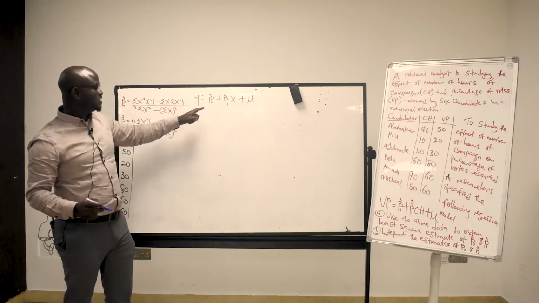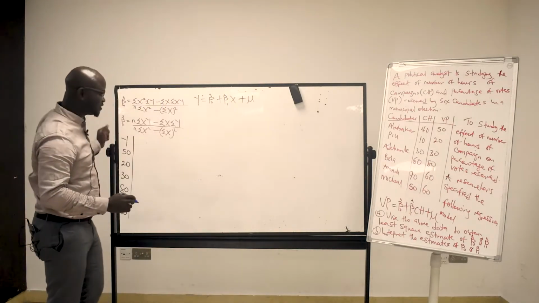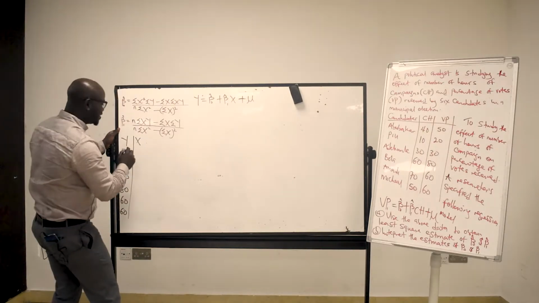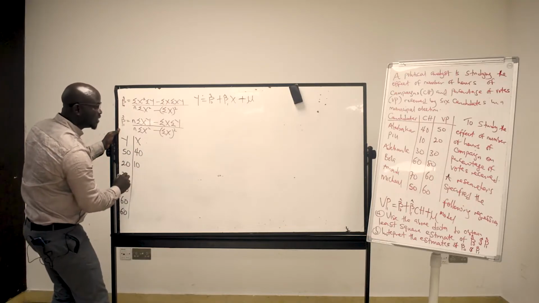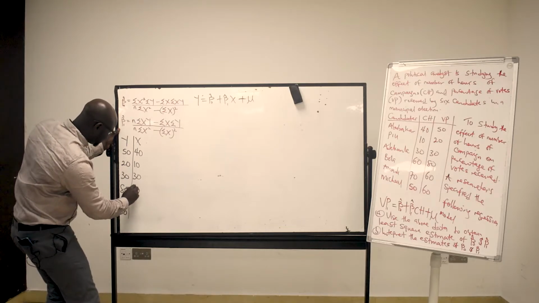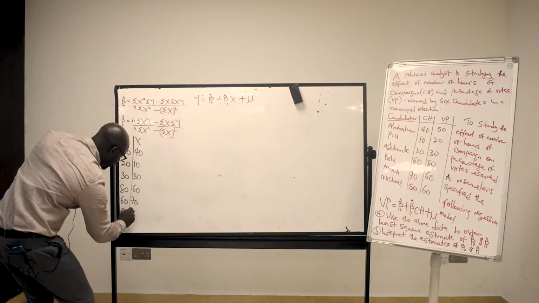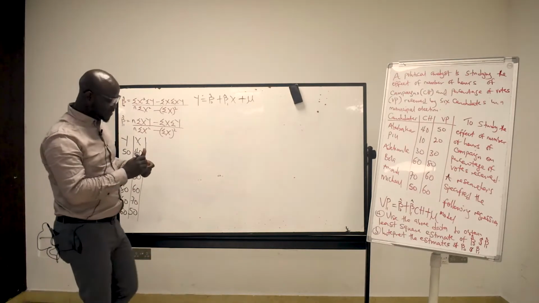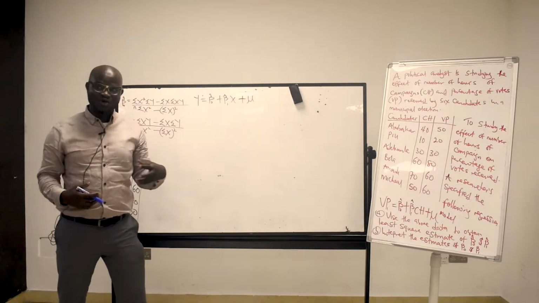So this y represents the percentage of vote, while the x represents what? Hours of campaign, right? So in using this, let's say we have 40, 10, 30, 60, 70, and 50, right?